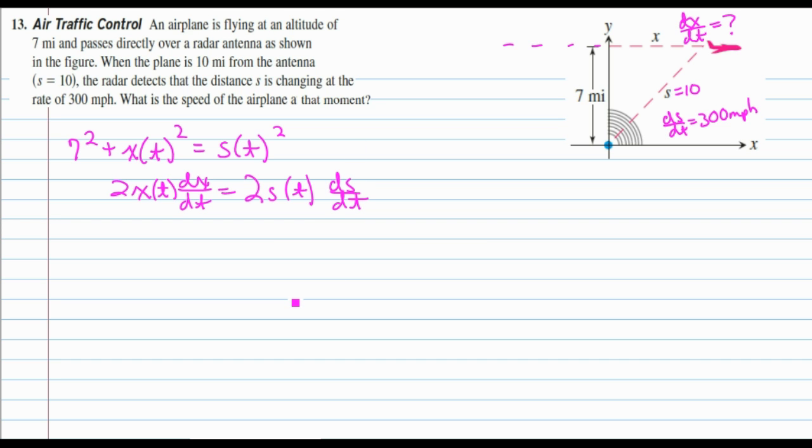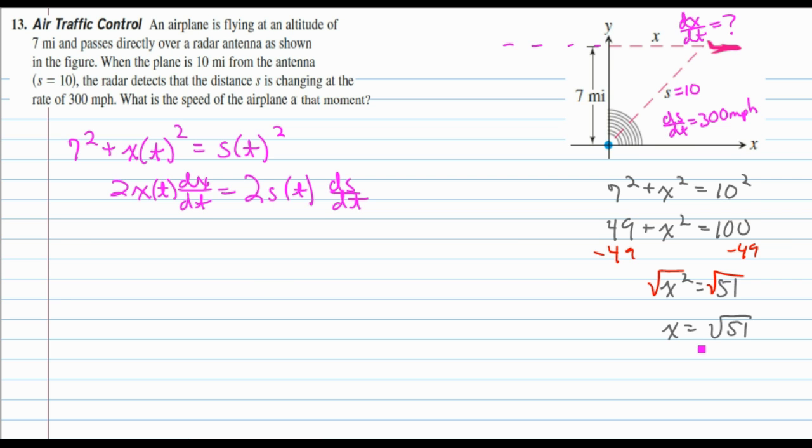And now we'll fill in some missing information. The first thing I come across is x, which I don't know, so I've got to use the Pythagorean theorem off to the side again. 7 squared plus x squared equals 10 squared, because at this instant the height is 7, always will be, but the s value is 10, so I've got to find that x value. I get that x at this specific time is the square root of 51.